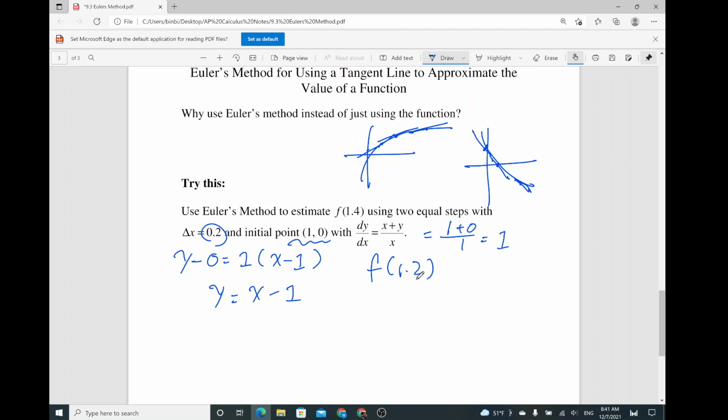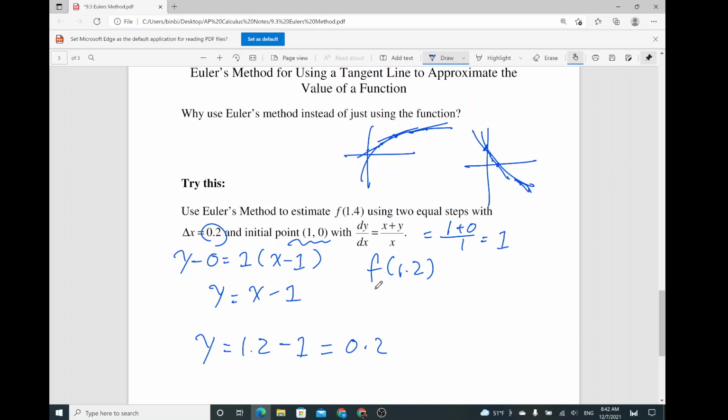So for f of 1.2, that means we're using the slope from the previous point. So the slope from the previous point, which is what? 1x. Okay, so basically plug in the number. So y equals 1.2 minus 1. So we got 0.2.